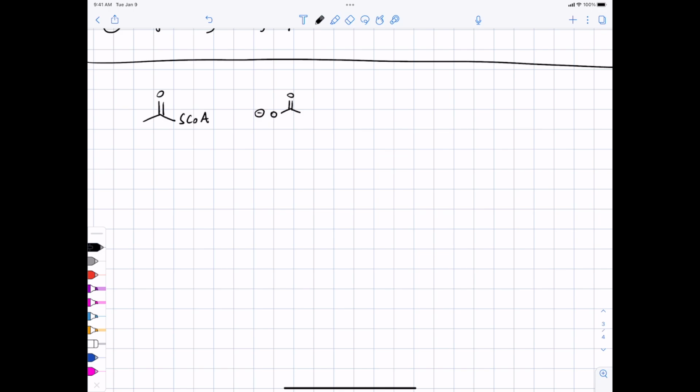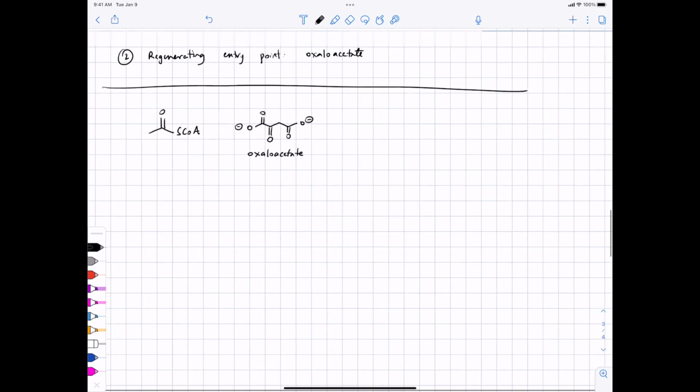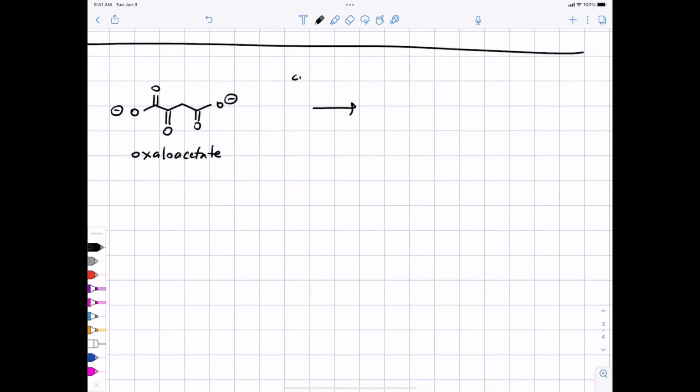It is a 4-carbon diacid with a ketone on carbon 2. So oxaloacetate is itself an alpha keto acid. And the enzyme that does this is called citrate synthase because it synthesizes citrate. Synthase, can't spell.